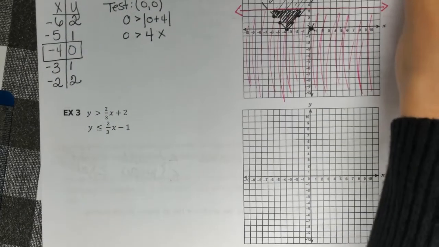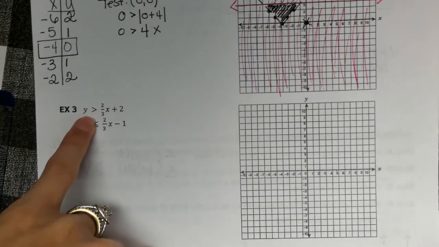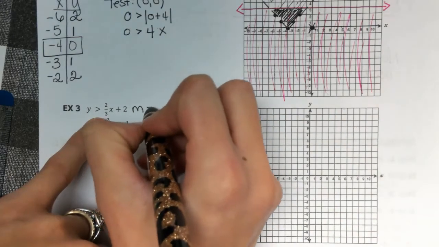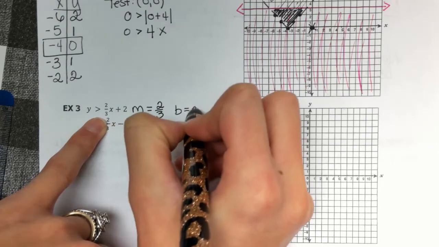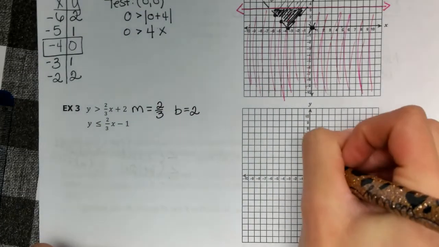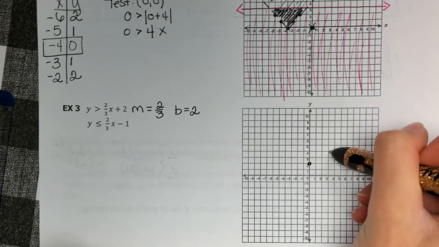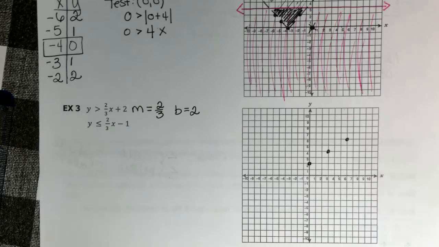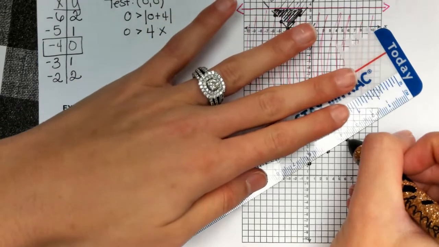Okay, so if I look at example 3, I've got y is greater than 2/3 x plus 2. It's in the form I need, which is my slope of 2/3 and my y-intercept of 2. So I go up 2, to the right 3. Is it going to be dashed or solid?